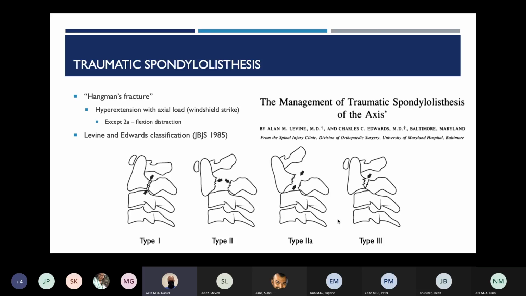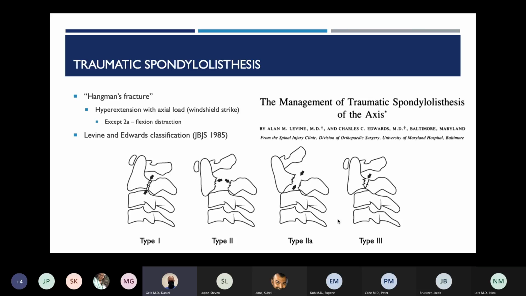So you would treat a type 2 non-operatively in a collar? Yeah, absolutely. What about the 2A with the angulation? Same. The reason you need to know about 2As is because you don't want to put them in traction. The 2s, you can put them in traction. The 1s, you can put them in traction to reduce them.